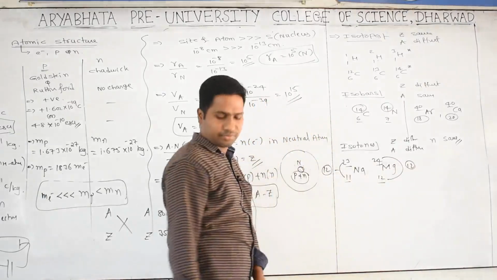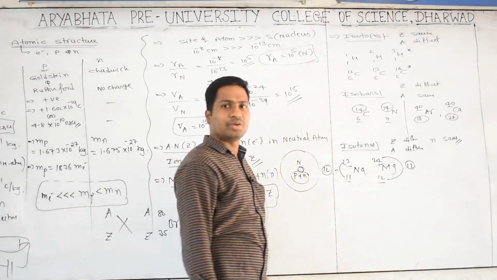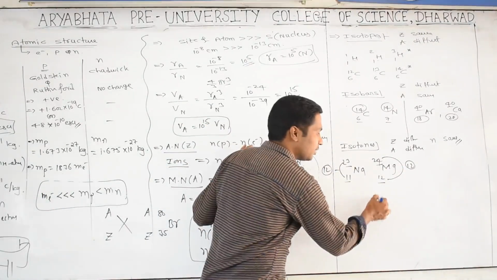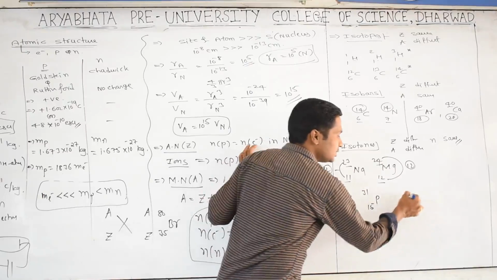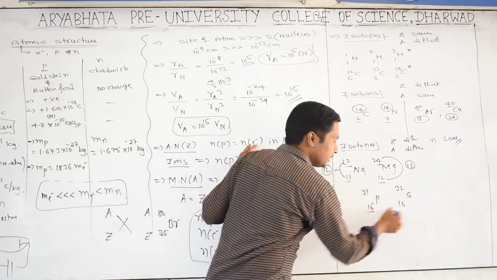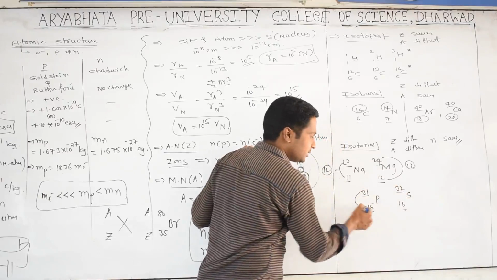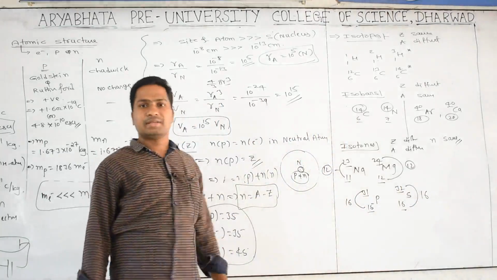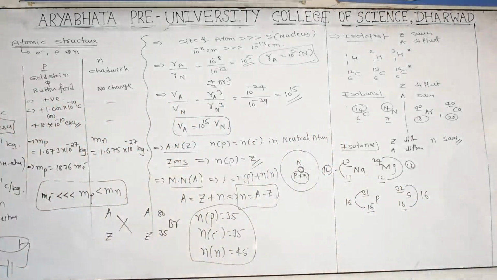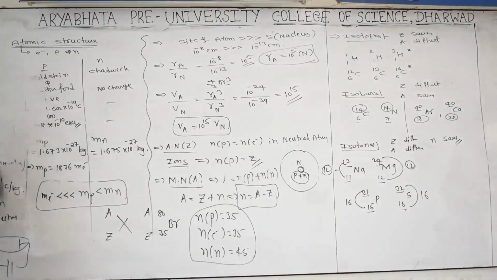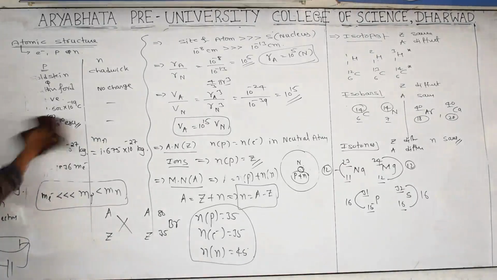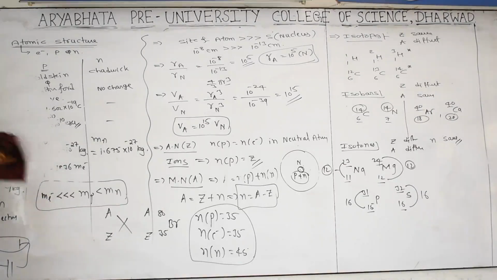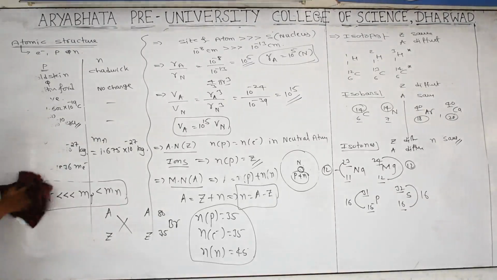The number of neutrons remains the same. One more example: phosphorus 15, 31 and sulfur 16, 32. Different atomic number and mass number, but the difference is 16 in both cases. That's why we call them isotones. Isotope, isobar, isotones. Yes or no? We'll see some other important terms we can learn here.